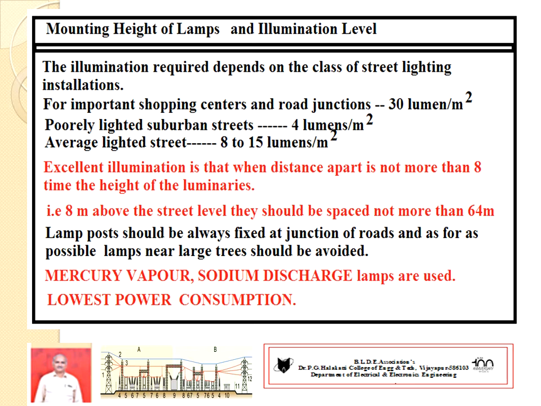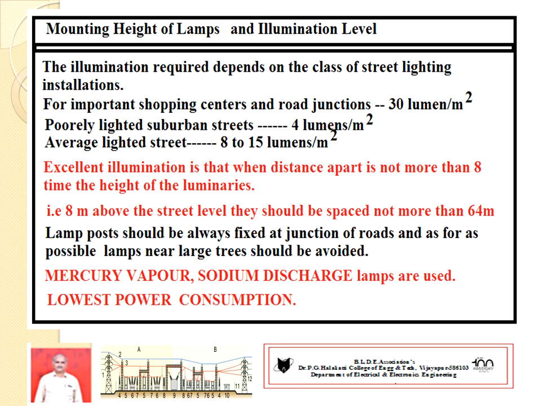Finally, excellent illumination is when the distance apart is not more than 8 times the height of the luminaires. That means if they are 8 meters above the street level, they should be spaced not more than 64 meters. The height and the spacing are the design factors.